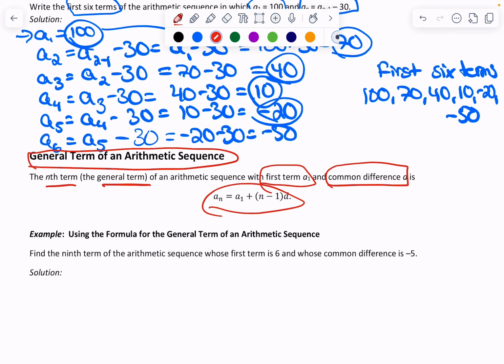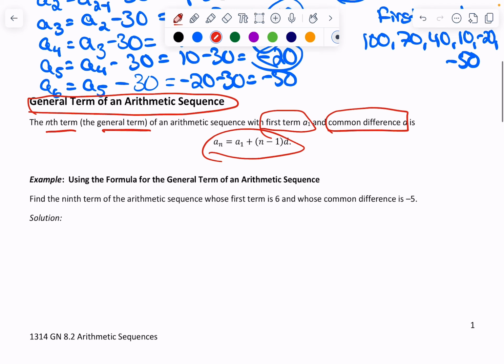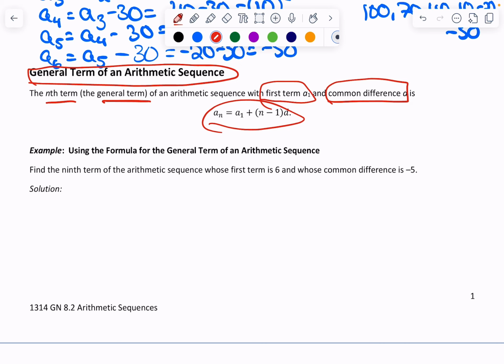We're going to use the formula for the general term of an arithmetic sequence to find the ninth term of the arithmetic sequence whose first term is 6. So we're looking for the ninth term, so our n is 9. Our first term is 6, and our common difference is negative 5 right here.